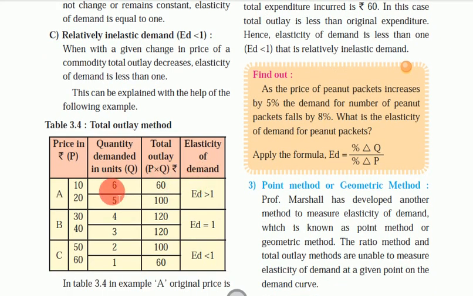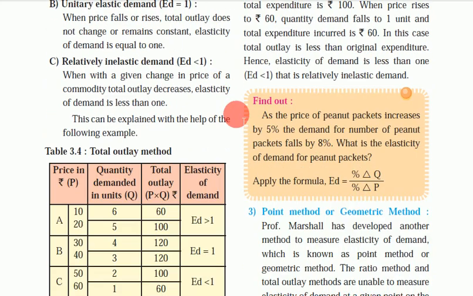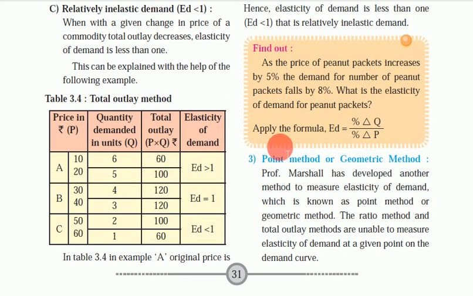With the help of this table we clear our concept of relatively elastic demand, unitary elastic demand and relatively inelastic demand. We have to consider this point while calculating the elasticity of demand. Now after this method we will see the third method. The third method is the point method or geometric method.